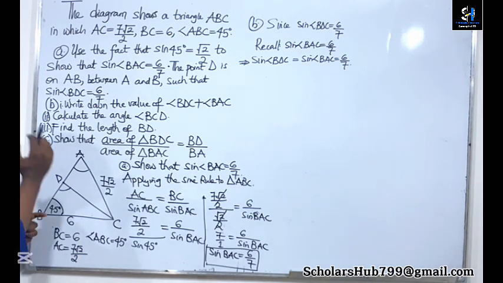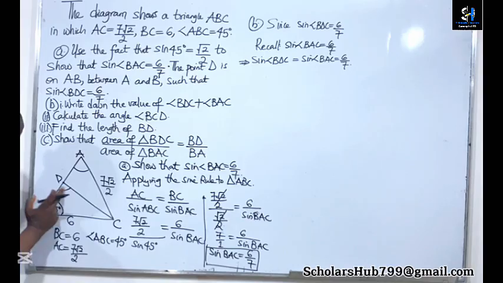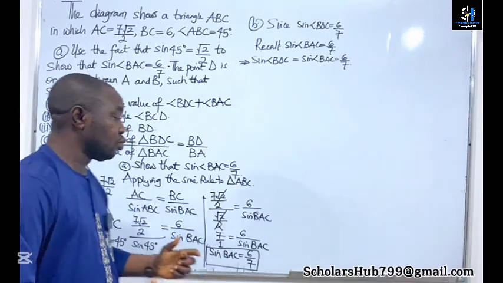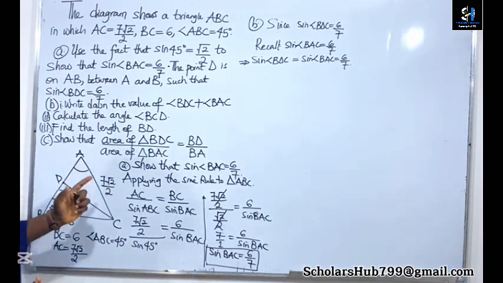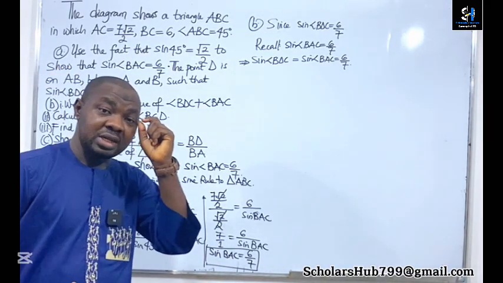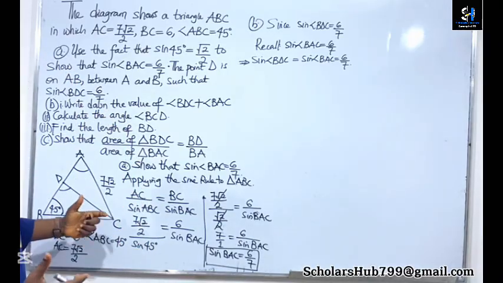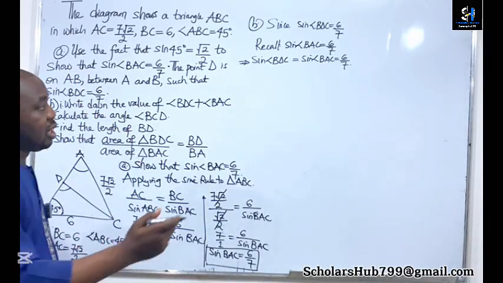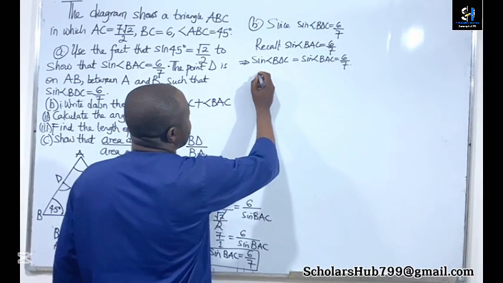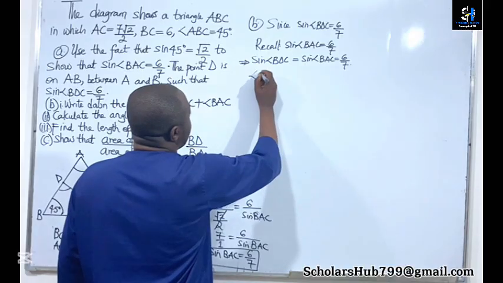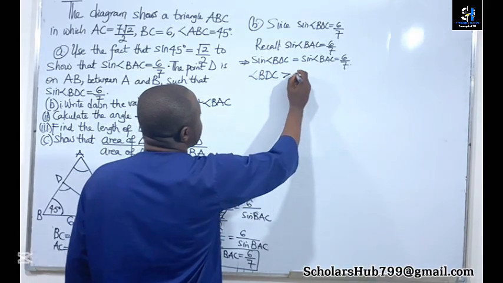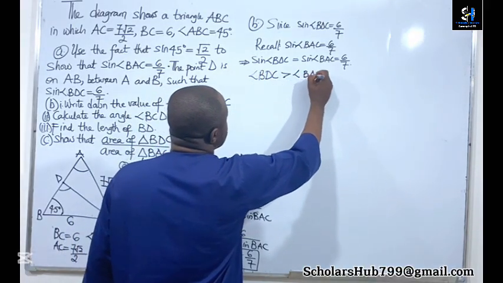So angle BDC will be an obtuse angle, which when added to this acute angle equals 180 degrees. We can say the two angles are supplementary, which means angle BDC is greater than angle BAC.